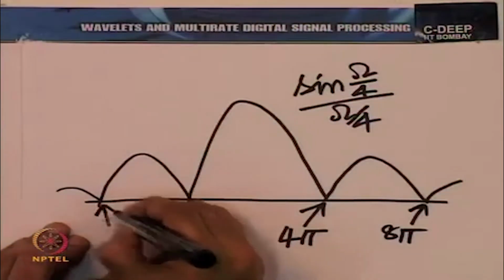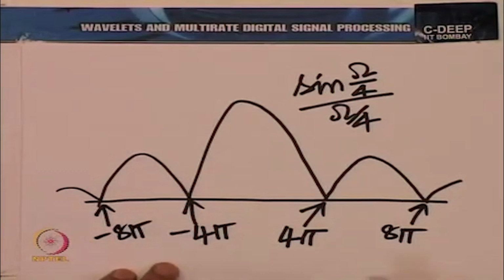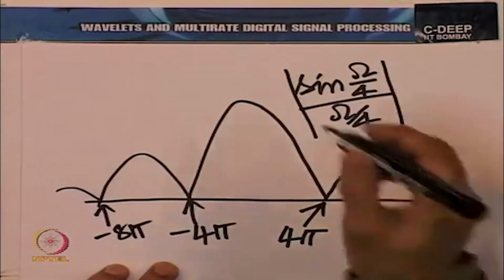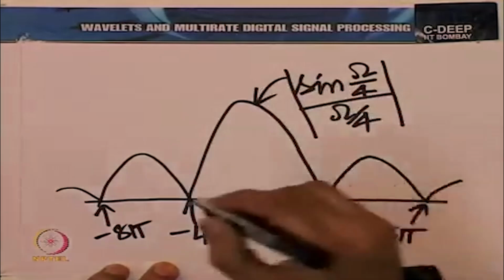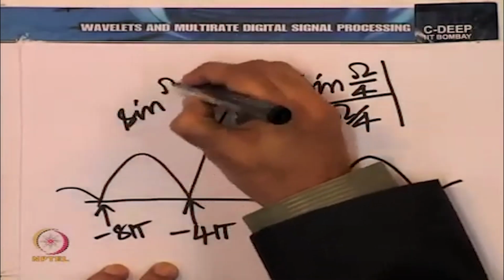You see, this is the point 4 pi, minus 4 pi, and so on. And then on the same graph, I will draw, so this is mod sine omega by 4 by omega by 4, and on the same graph, I will show in dotted mod sine omega by 4 once again.